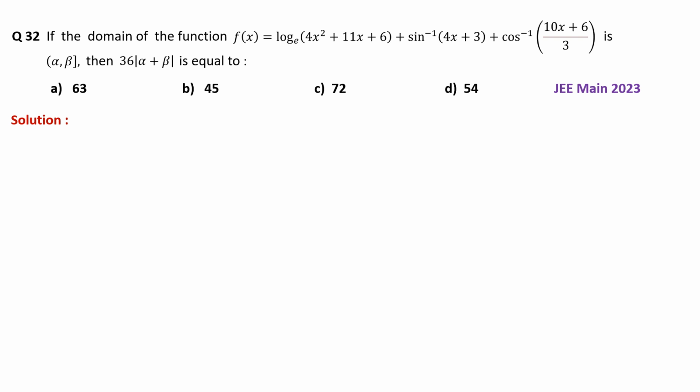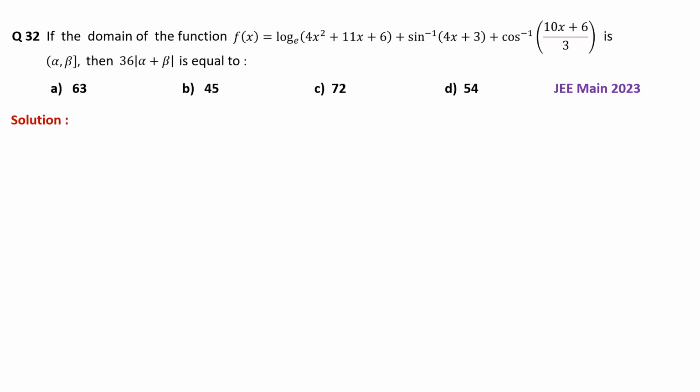It says if the domain of the function f of x equal to log of 4x square plus 11x plus 6 to the base e plus sine inverse of 4x plus 3 plus cos inverse of 10x plus 6 divided upon 3 is greater than alpha but less than or equal to beta, then 36 into mod of alpha plus beta is equal to.